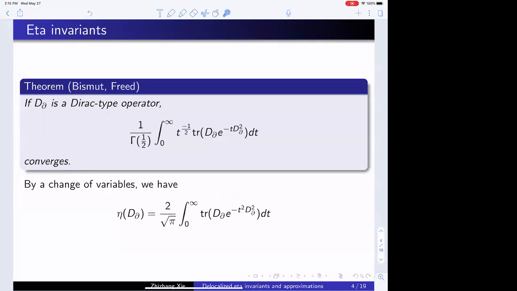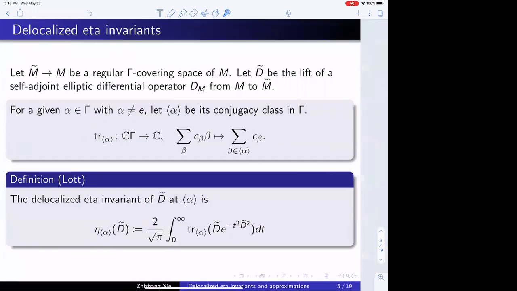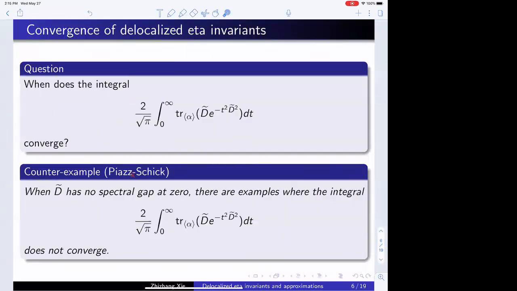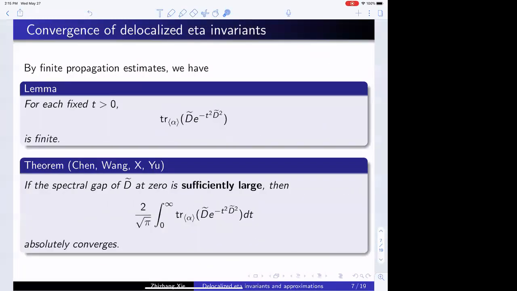So the difficulty in proving convergence in the classical setting is when t goes to 0. Now here the situation is kind of reversed because we're dealing with a delocalized trace. The problem here, for this term, when t is small, there is actually no issue.